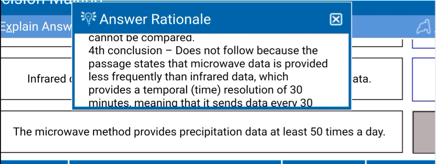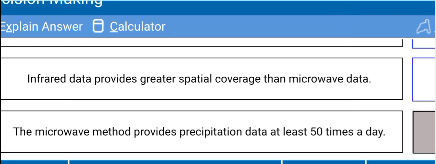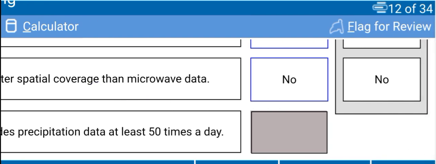So we have this reason by which we can say that the fourth conclusion does not follow. So we will drag a no and drop it here.